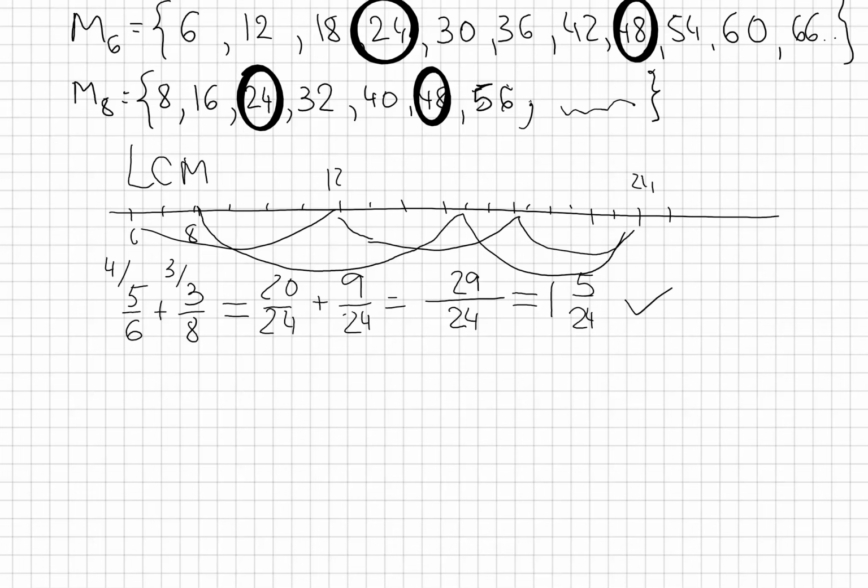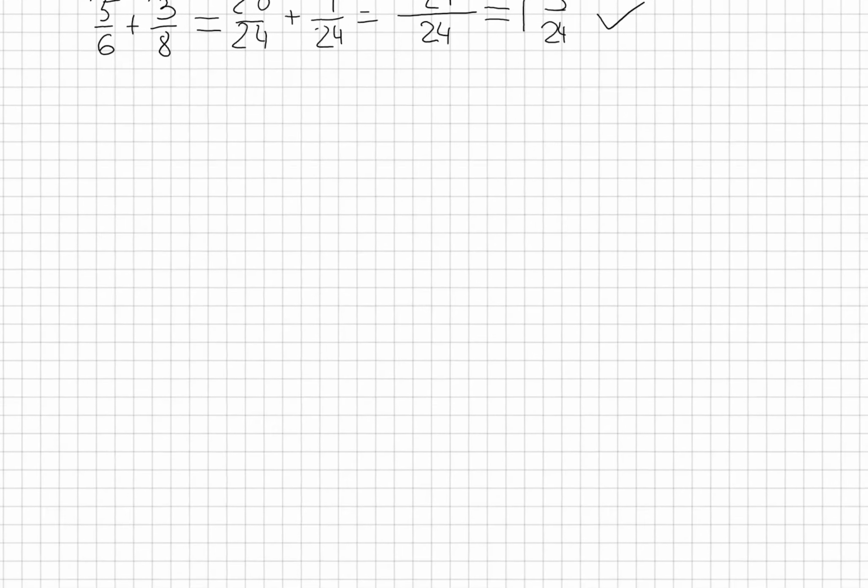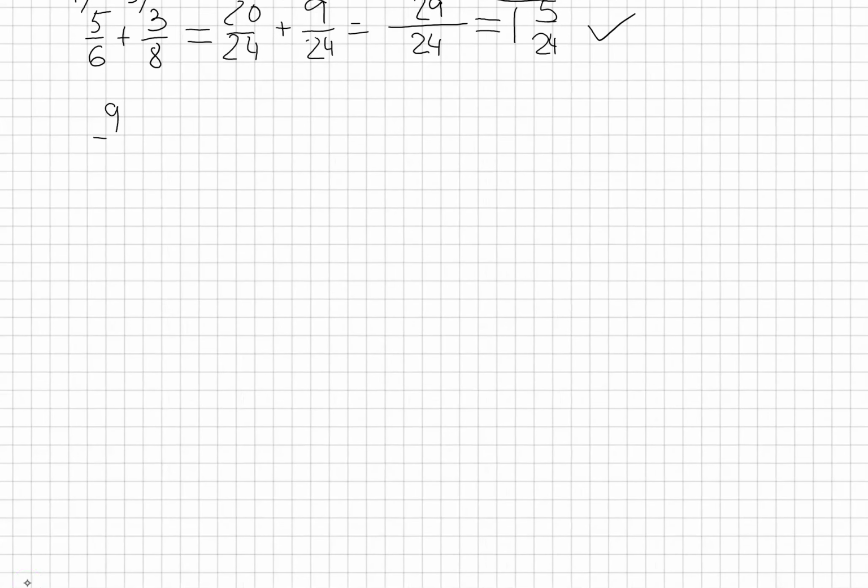And now that we solved this question, how do we deal with larger denominators? Because not all the time are we going to be that lucky to have small denominators. For example, 9 over 56 minus 5 over 240.